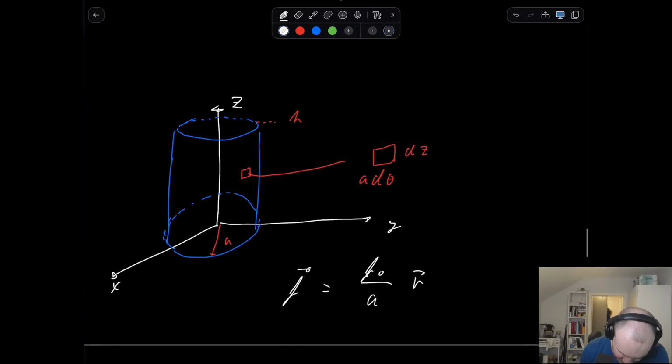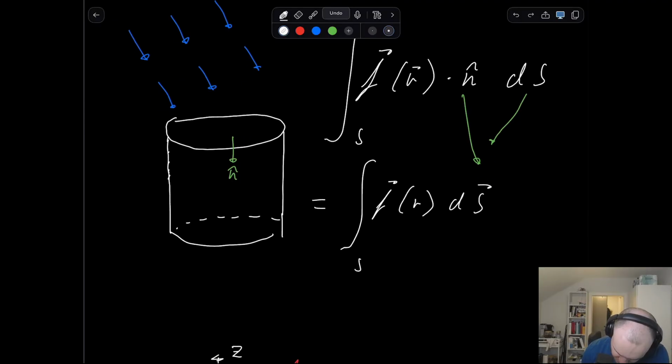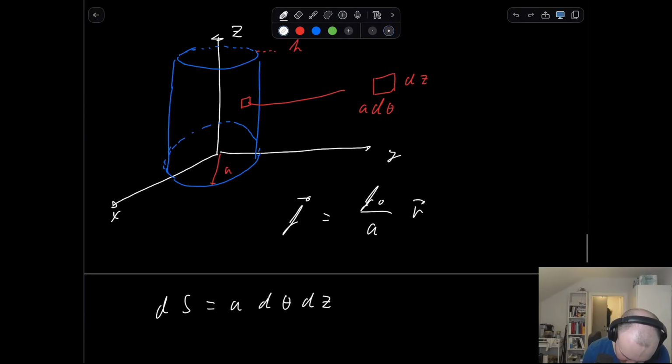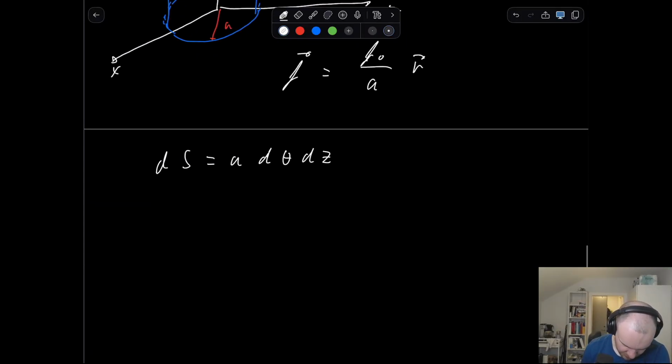Okay, and now I want the normal, and the normal is pretty easy because the normal, which is out from the cylinder itself, is always in the same direction as r. And r is pretty easy. I should actually write r first.